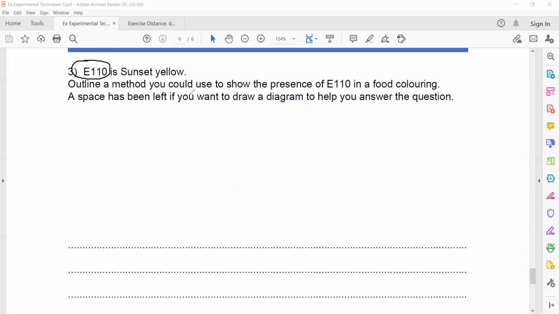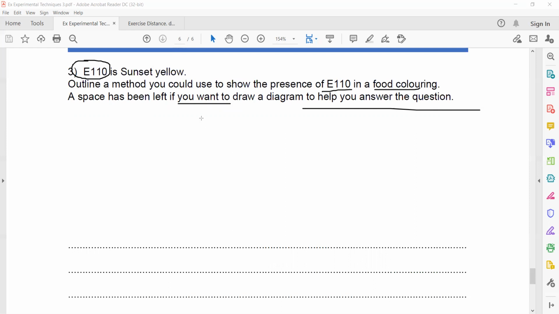So E110 is basically a sunset yellow. Outline a method you could use to show the presence of E110 in a food coloring. So there's a food coloring and you want to show that it contains E110. A space has been left if you want to draw a diagram to help you answer the question.